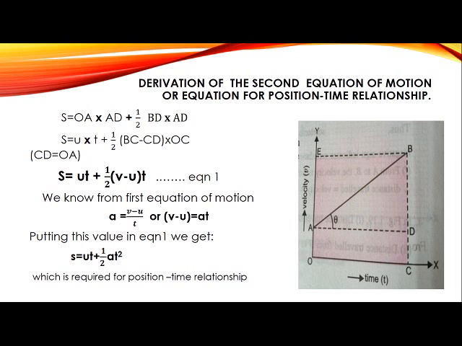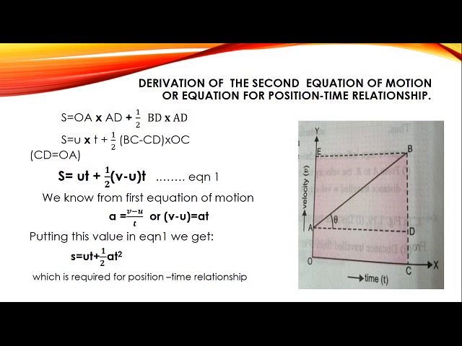Now going back to the first equation, I hope you remember a = (v − u)/t. If we rearrange it, we get v − u = at. Now substituting this value of v − u in our equation 1, what do we get?